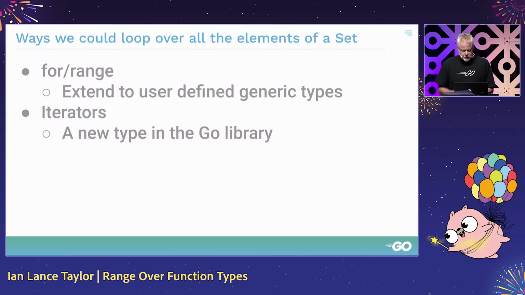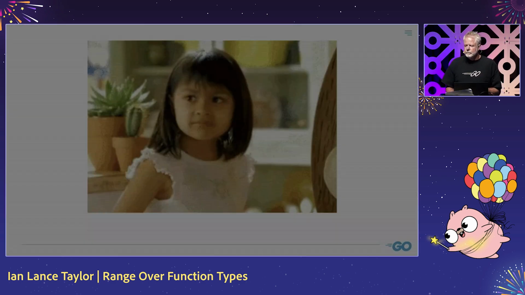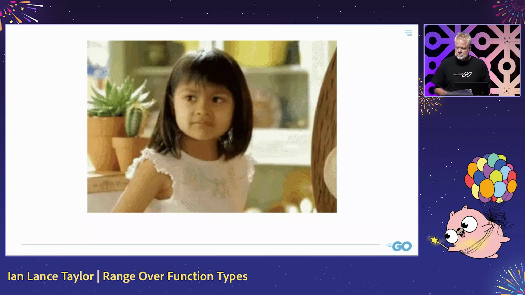This suggests two different approaches for looping over all the elements of a container. We could find some way to extend the for range statement to work with user-defined container types like set. Or we could find some way to define general-purpose iterators in Go. Why don't we have both?